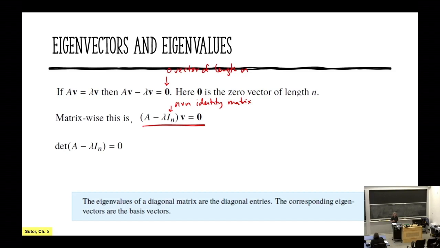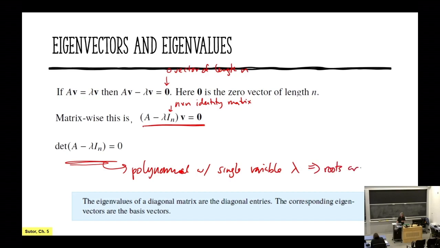So the determinant of this expression is a polynomial in the single variable lambda, and its roots are the eigenvalues of A. All right, the eigenvalues of a diagonal matrix are just the diagonal entries, which makes them kind of trivial to find.